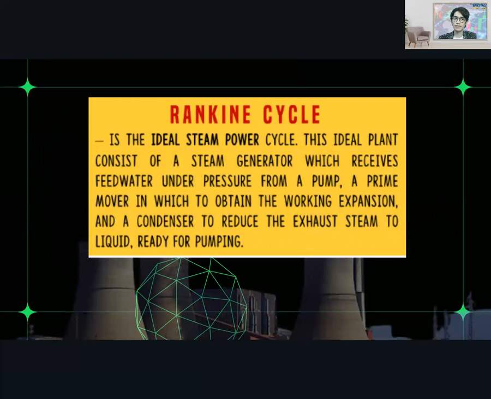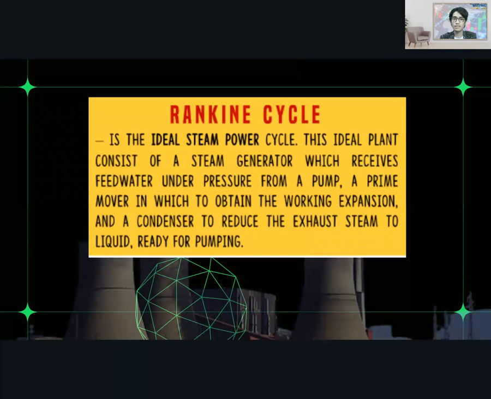And the steam power plant uses a Rankine cycle. Rankine cycle is the most basic cycle in all power plants. What is Rankine cycle? It is the ideal steam power cycle.